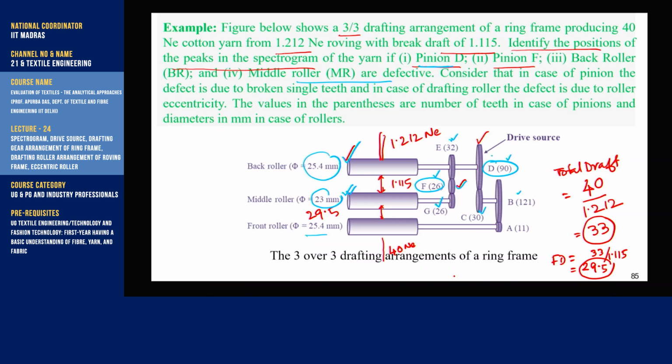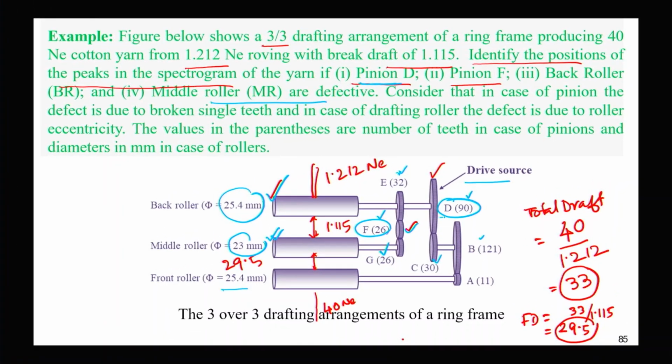So pinion 1 is the source of drive. Assuming the source drive is not erratic, there is no periodicity.